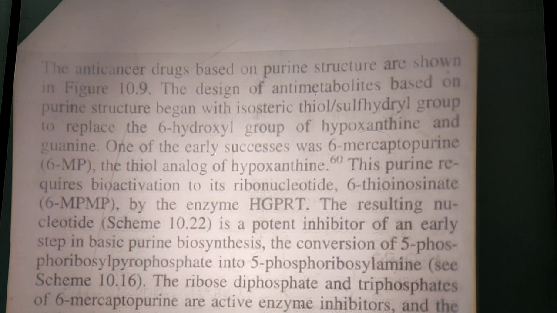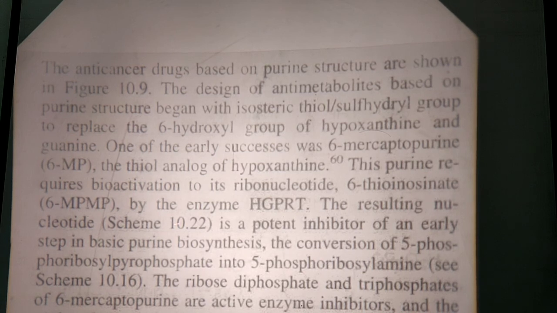One of the early successes was 6-mercaptopurine, represented by this, the thiol analog of hypoxanthine. This purine required bioactivation to its ribonucleotide, 6-thioinosinate, by the enzyme hypoxanthine guanine phosphoribosyl transferase. Once again, I would like to repeat it: hypoxanthine guanine phosphoribosyl transferase enzyme.